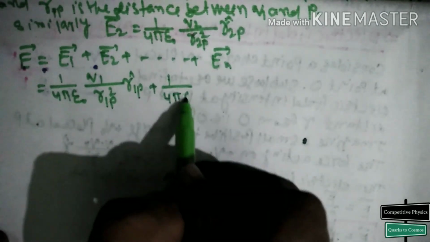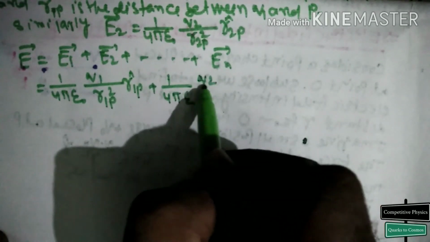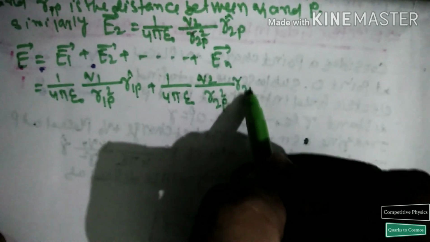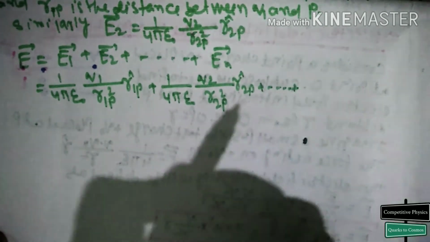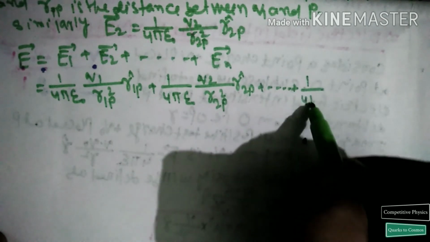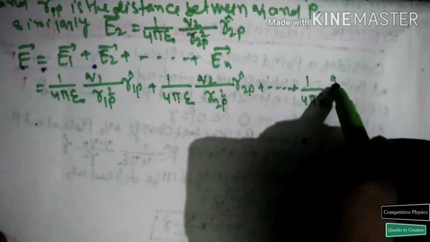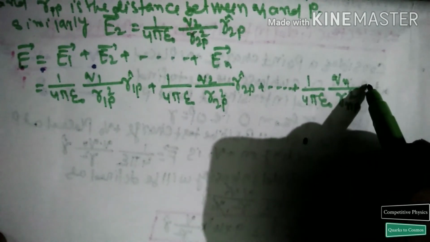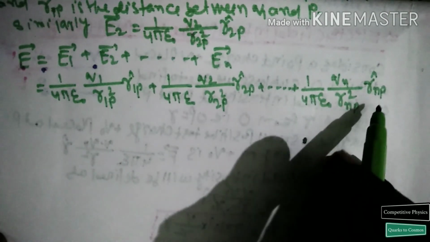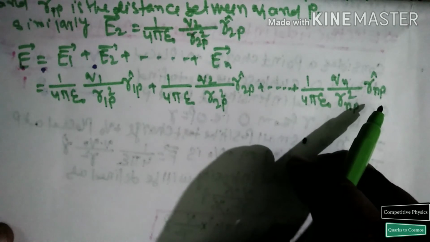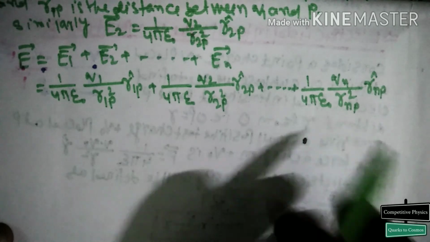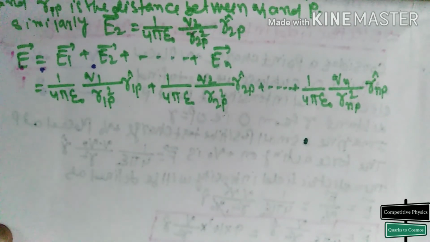Similarly, E2 will be 1 upon 4 pi epsilon naught Q2 upon R2p square R2p cap plus and so on 1 upon 4 pi epsilon naught Qn upon Rnp square Rnp cap, where Rnp cap is the unit vector from nth charge to point P, and Rnp is the distance from nth charge to point P.